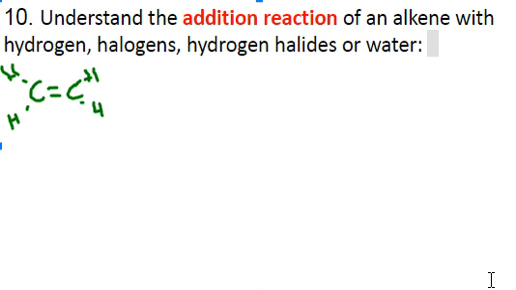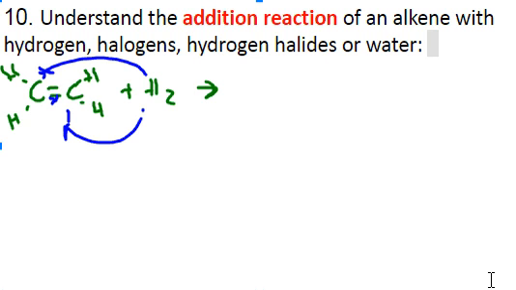And so an addition reaction, the first one with hydrogen, with H2, these are all going to work very similar. This bond is going to break and leave an open bond on each carbon. And so that is where one hydrogen is going to attach here, one hydrogen is going to attach here, and I'm going to end up with each carbon having 3 hydrogen.